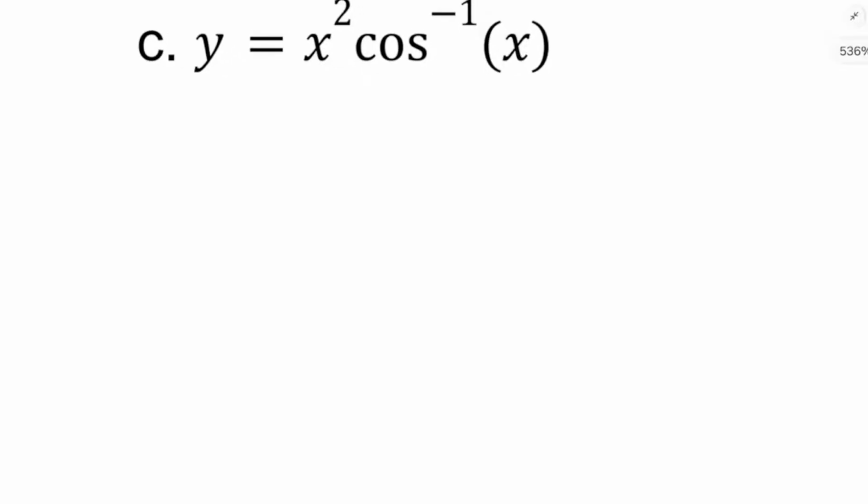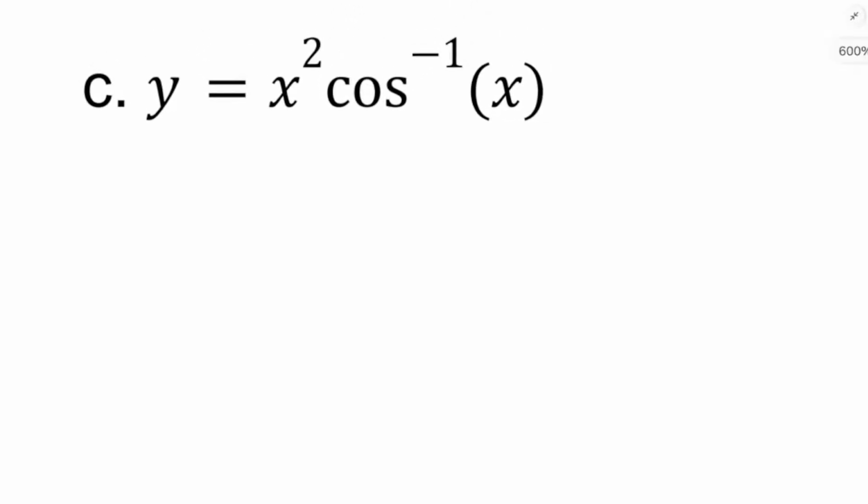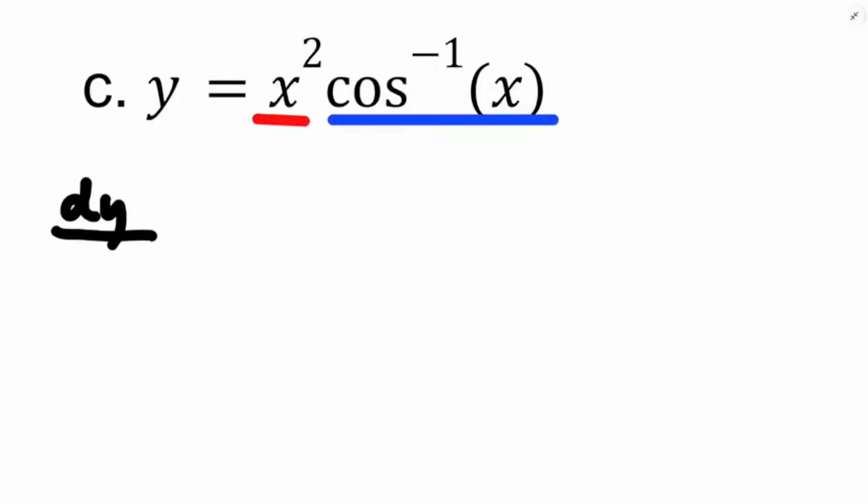All right, x squared arc cosine of x. That's a product, so we're going to need to use the product rule. First, I'm going to take the derivative of the easier looking one and leave the other one the same.